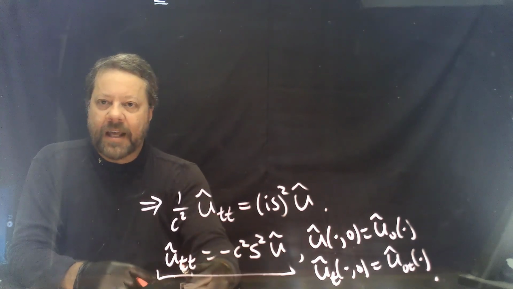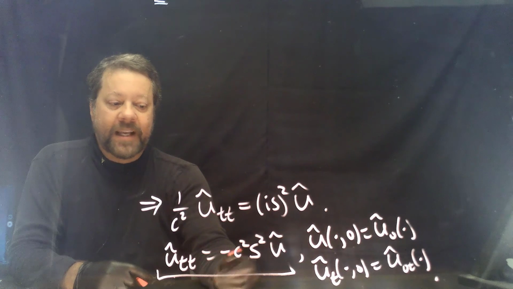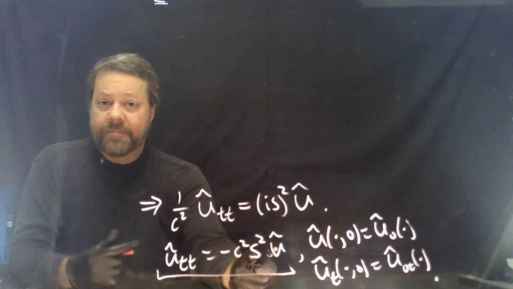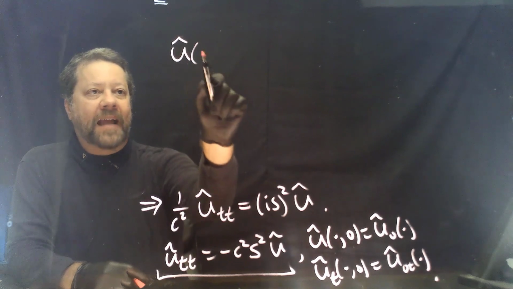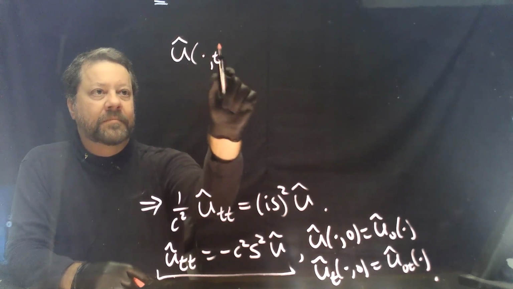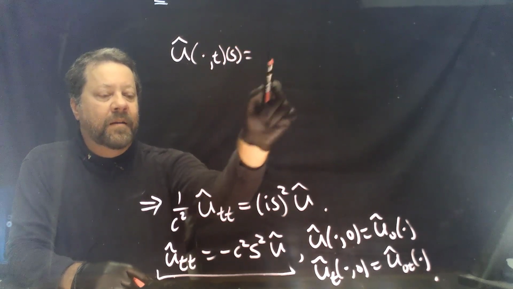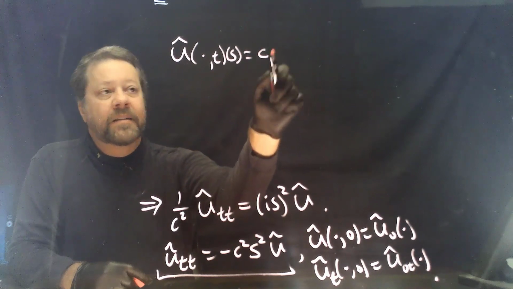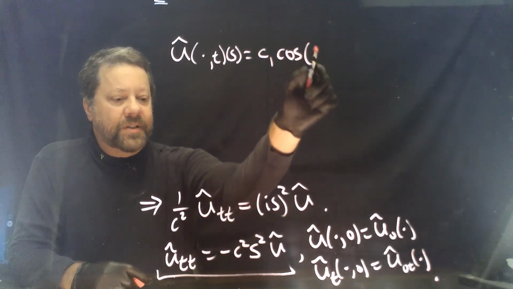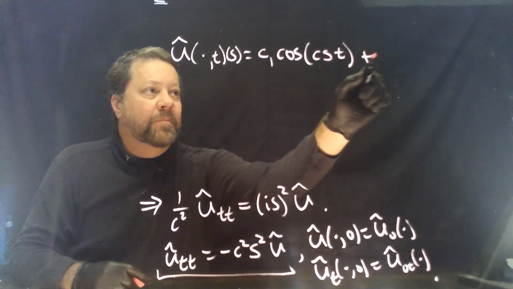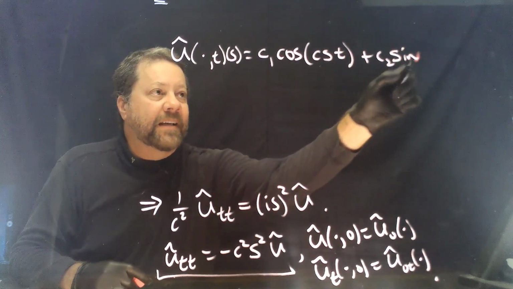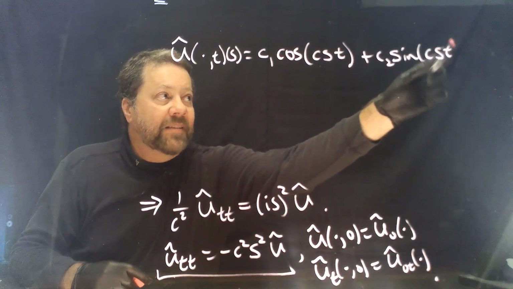What function has second order derivative equal to the negative times a constant times itself? Well, clearly u hat will be a constant times cosine of cst plus another constant times the sine of cst.